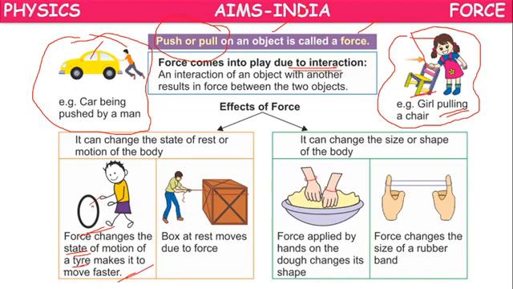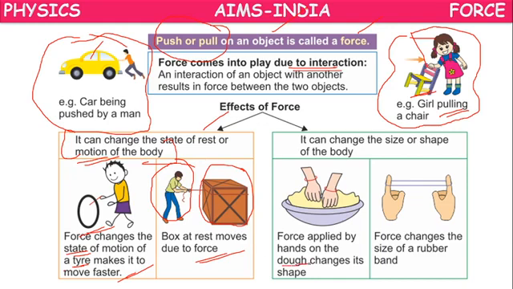Here the box is under rest. If the person pulls the box with greater force, it starts moving. So force can change the state of rest or state of motion of a body.